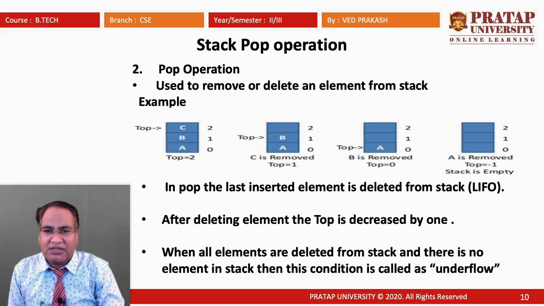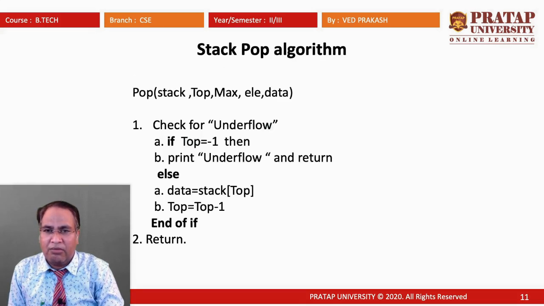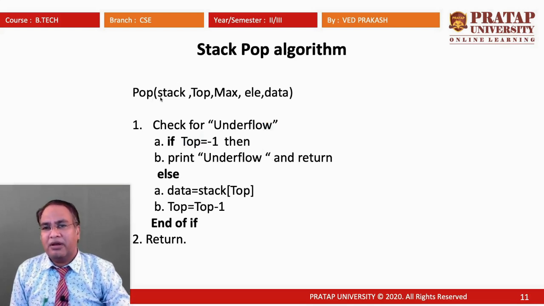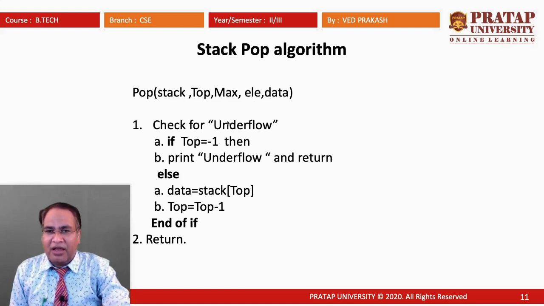Now, using this concept, we design the algorithm for the pop operation. In the pop operation, we include the stack, the top variable, max, and the element data. First, when I have to perform the pop operation, I will check the underflow condition.